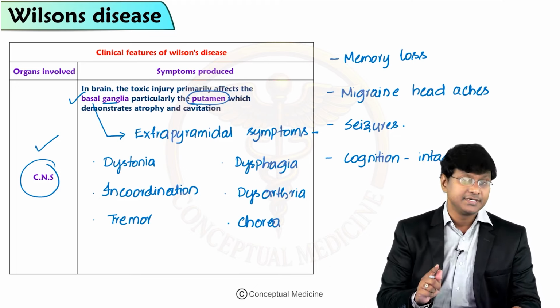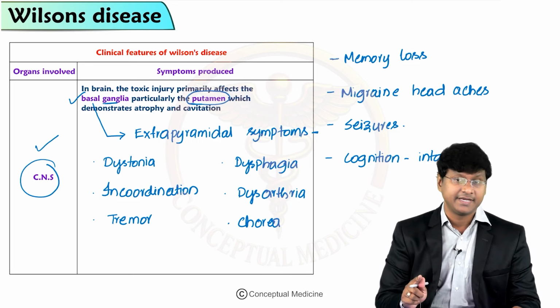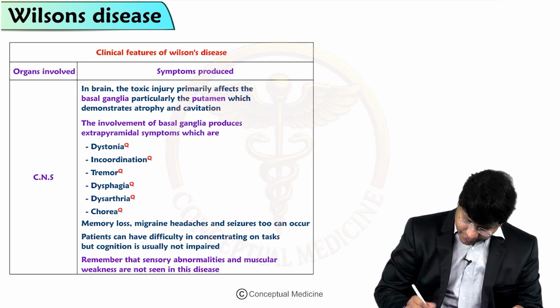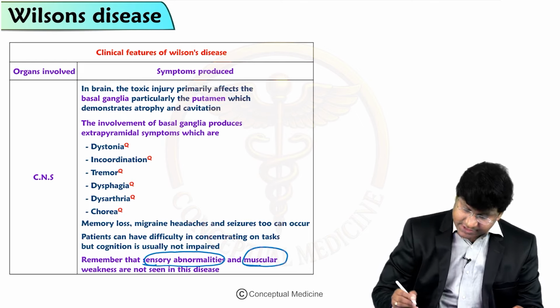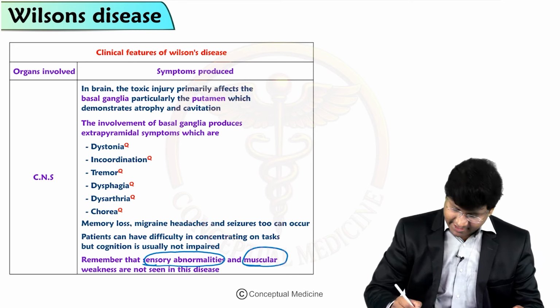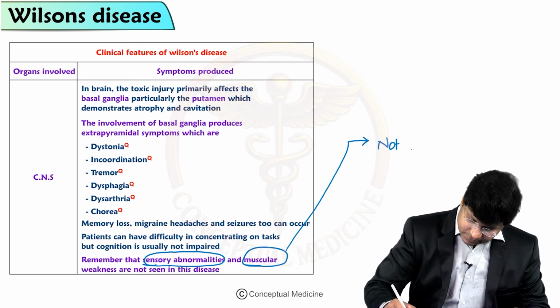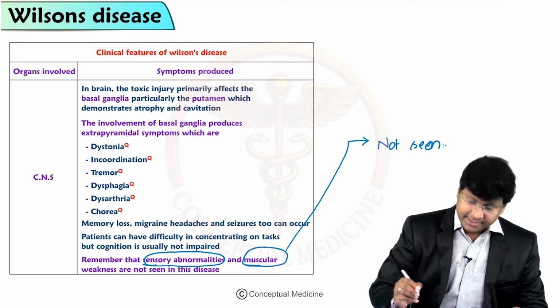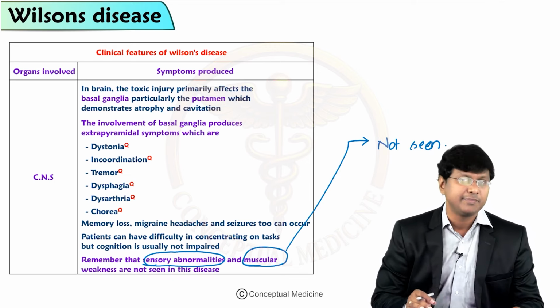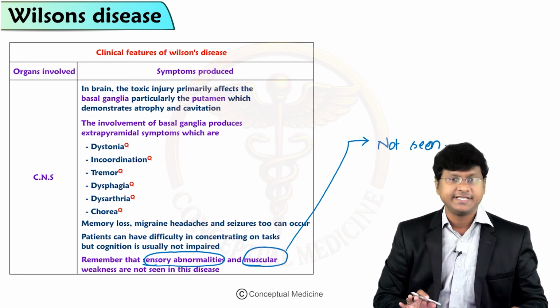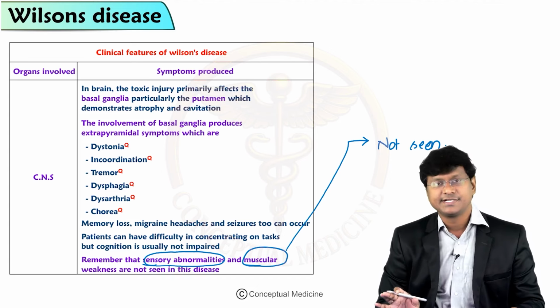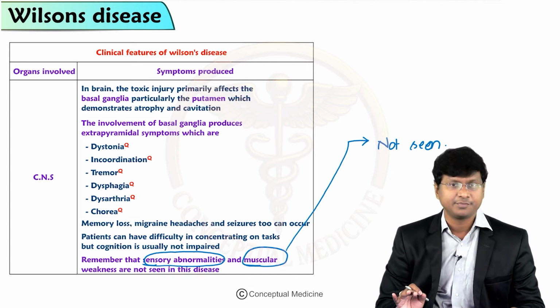Remember, sensory abnormalities and muscular weakness are not seen in patients with Wilson's. Only motor manifestations related to CNS involvement occur, but never sensory involvement. This is a very, very important point.